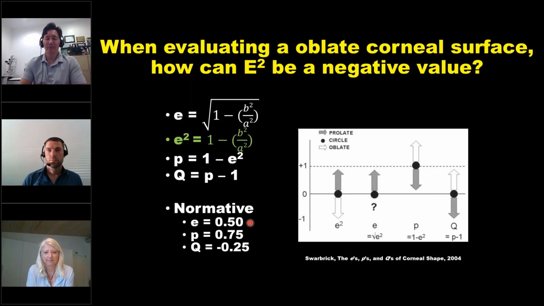So in the formula for topography, at least, it is possible to have a negative E squared value. And as we discussed in the previous session, if the negative E squared value is greater than 0.25, that's a pretty oblate eye. So that's one of the considerations that you might make related to fitting reverse geometry lenses.